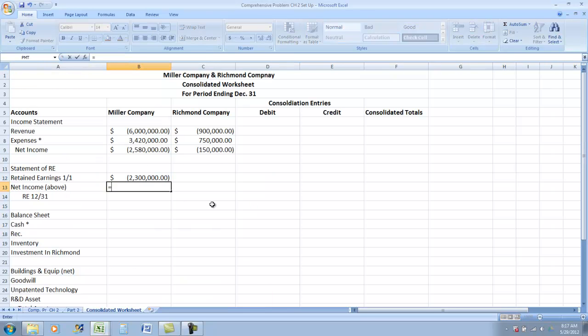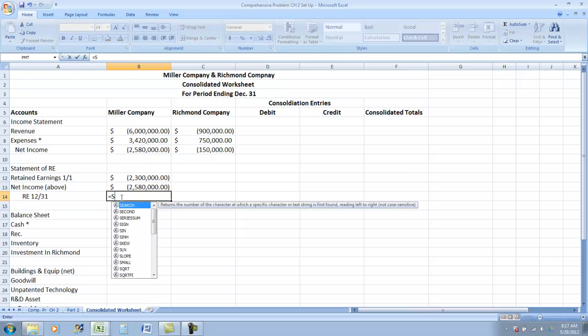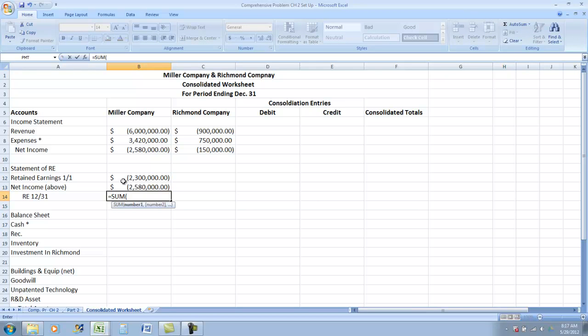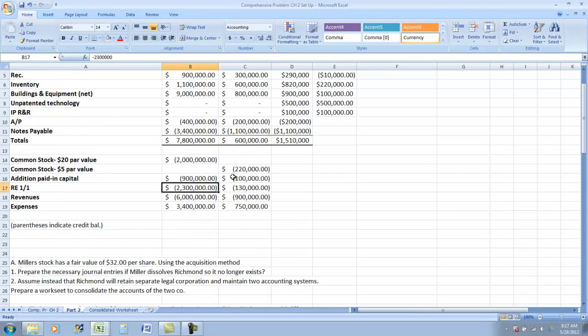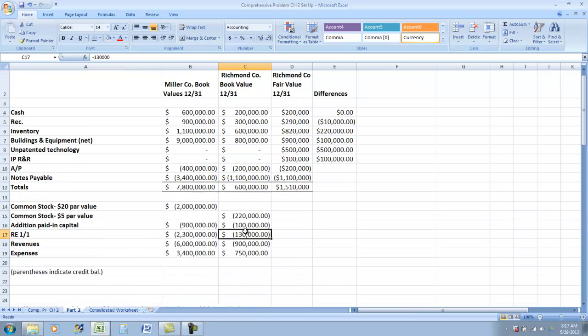So instead, our new net income is $2,580,000. And we need to find our parent company's retained earnings.